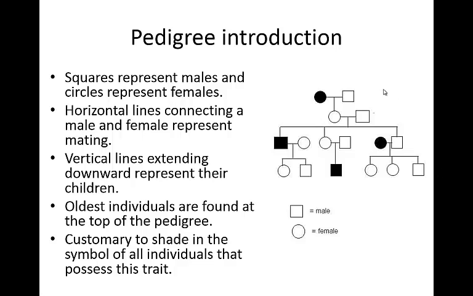We typically find the oldest individuals at the top of the pedigree. In this case, these would be the great-grandparents, the grandmother, the father and mother and the aunts and uncles, and then the children and the cousins. It's customary to shade in the symbol of all individuals who possess whatever trait we're talking about.